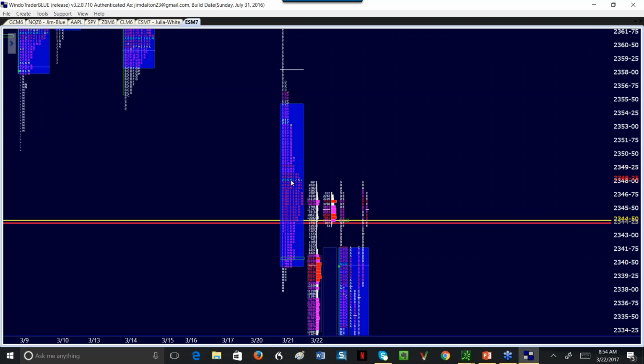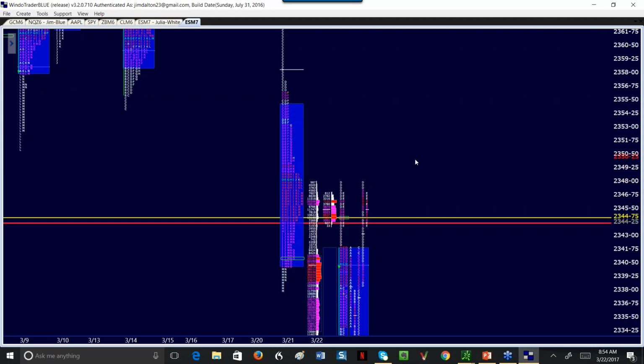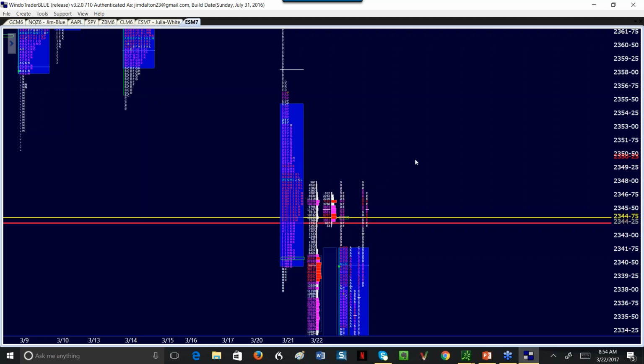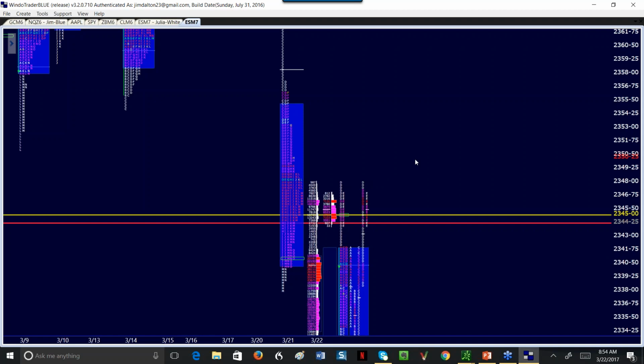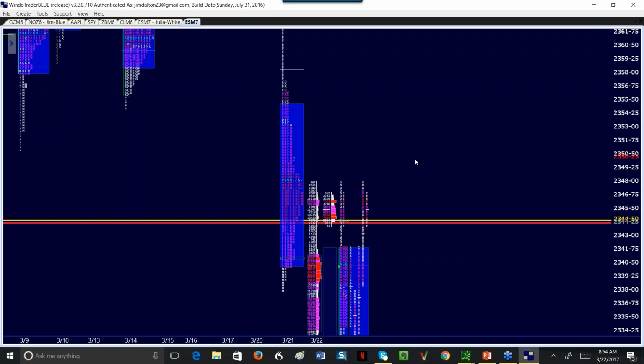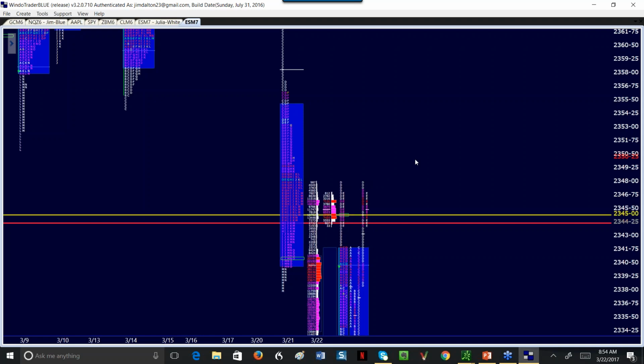And notice where it went this morning, one tick short of yesterday's point of control. So that to me was a logical place for it to go. At that point in time, I put in orders where I thought the options would probably sell at that level. Again, I can't be going back and forth when we're on the webinar.